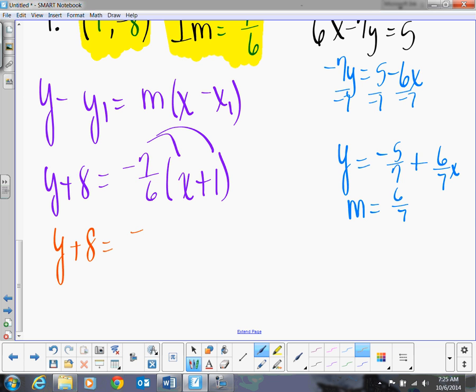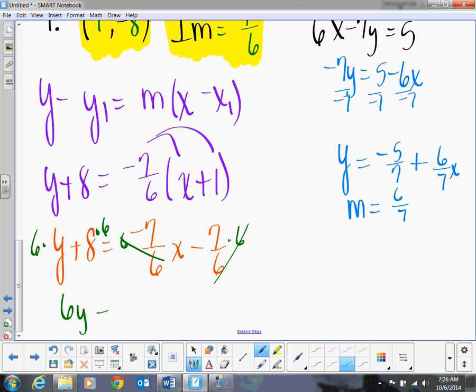So when we distribute, we'll have negative 7/6 x minus 7/6. Regardless of the form they wanted in, the next step I would do, McKenna, how do we eliminate denominators? Multiply everything by 6. So now we've got 6y plus 48 equals negative 7x minus 7.